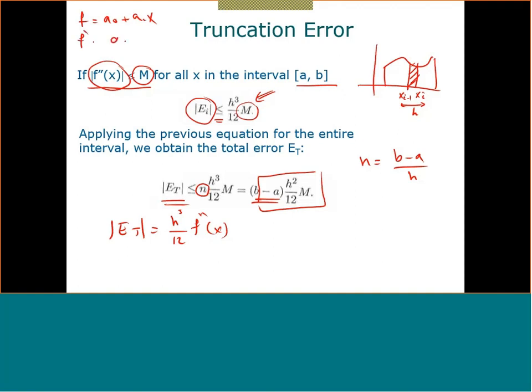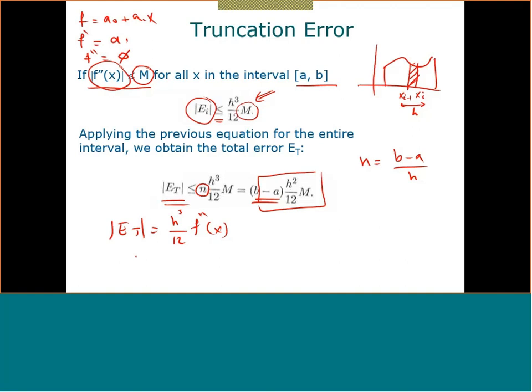This will be a1. What is the f double prime of this? This becomes 0. And this is why, when we have a linear function, the error will be 0. This is another way of looking at the same thing. This is why, in the previous example, when we had a straight line, meaning a linear relationship, your error was 0.